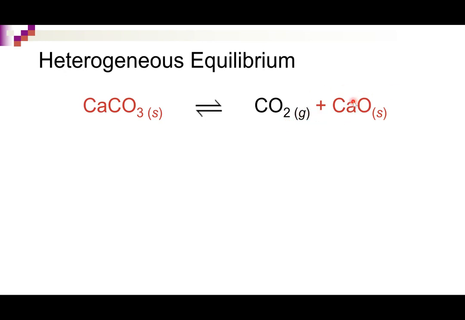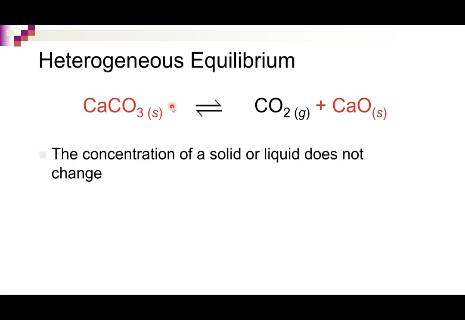And this is calcium oxide, and it's a solid. So it's important for us to note the state because some phases affect the equilibrium constant and some do not. So it's important that we know the difference so we can correctly write the formula.